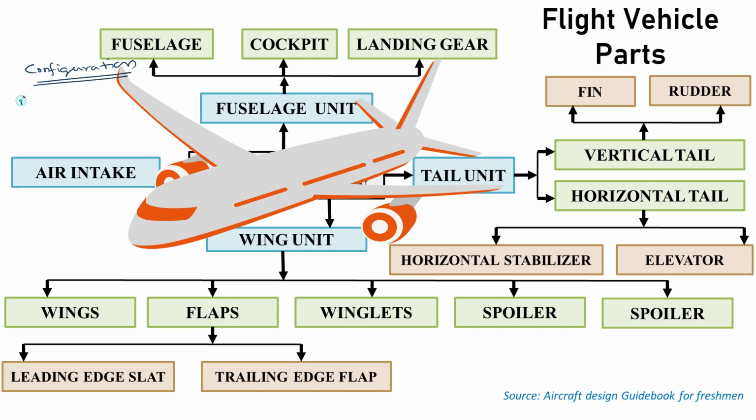First of all, location. Whether I want to keep my wing high wing, low wing or mid wing. Three options: high wing, low wing or mid wing. Can you tell me examples or applications of high wing?